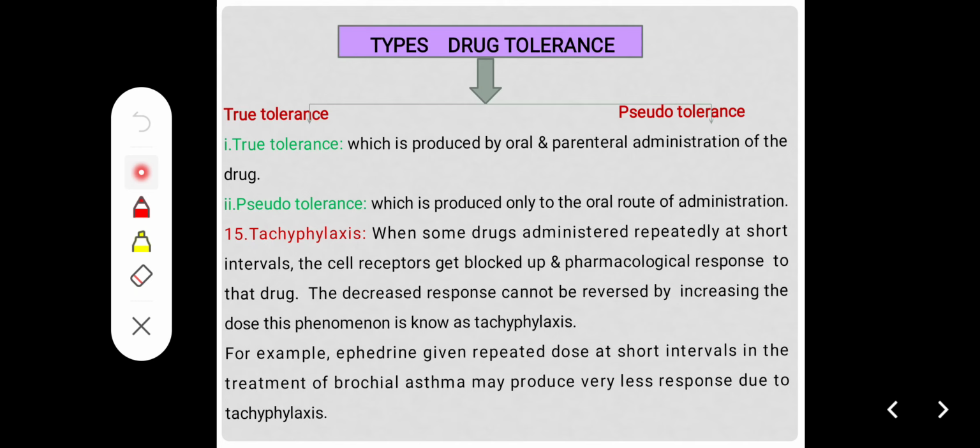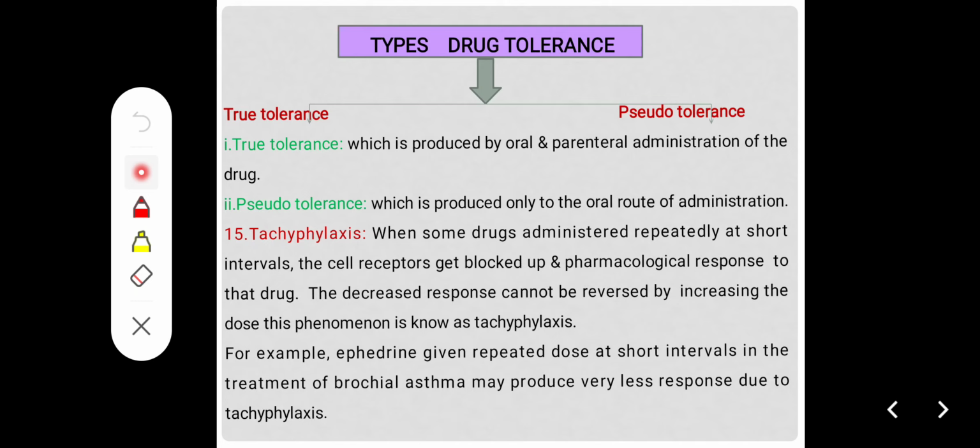Tachyphylaxis: when a drug is administered repeatedly at short intervals, the cell receptors get blocked and the pharmacological response to that drug decreases. This decreased response cannot be reversed by increasing the dose. This phenomenon is known as tachyphylaxis.